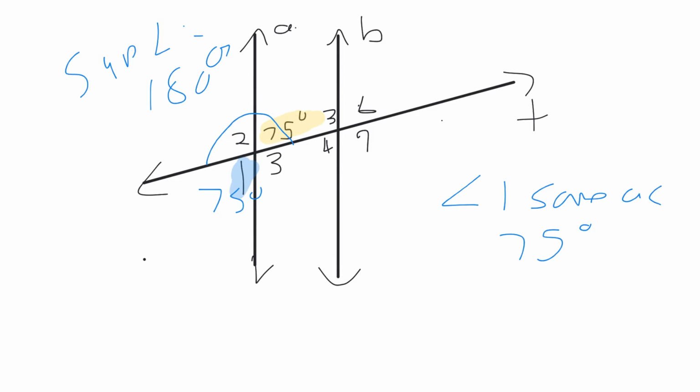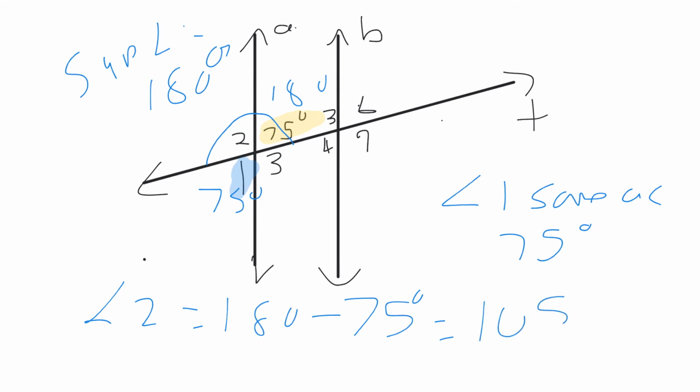So therefore, angle 2 is equal to 180 minus 75 degrees, which is equal to 105 degrees. So now we know that up here is 105 degrees. We also know that angle 2 and angle 3 are vertical angles, so therefore this here must also be 105 degrees.